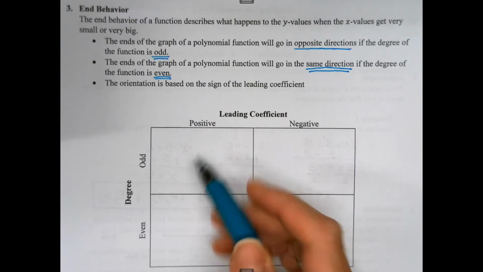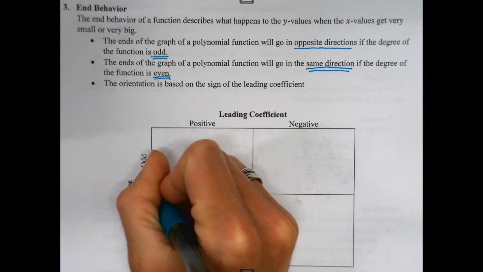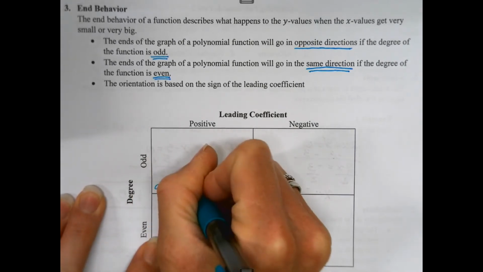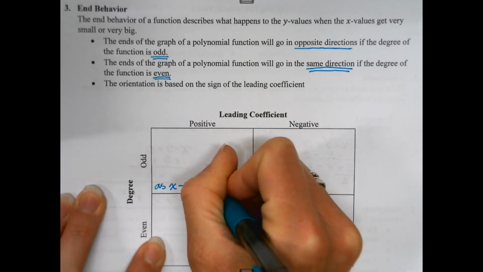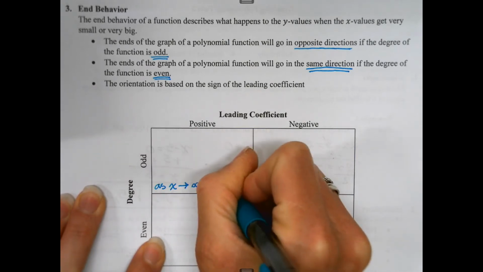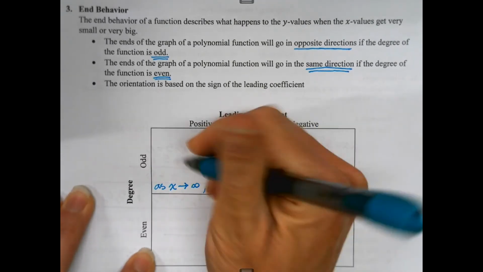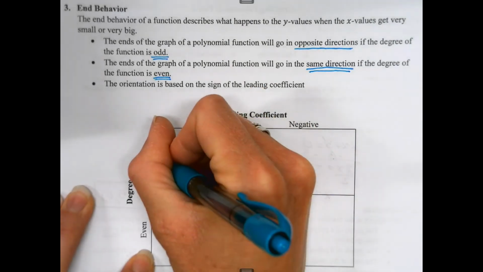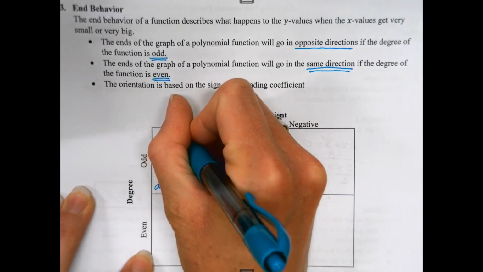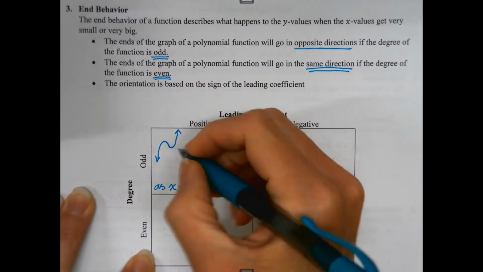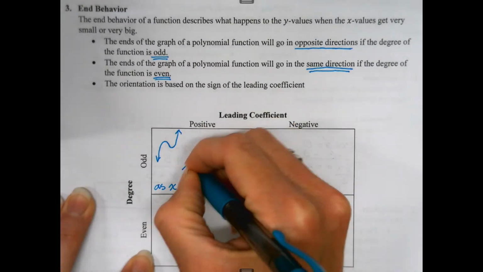Or in other words, as x goes to positive infinity, our f of x is going to go to positive infinity also. So we could have a shape that looks like this, or you could have just a straight line.